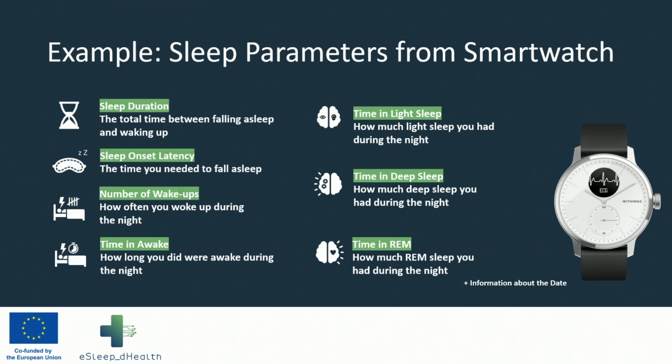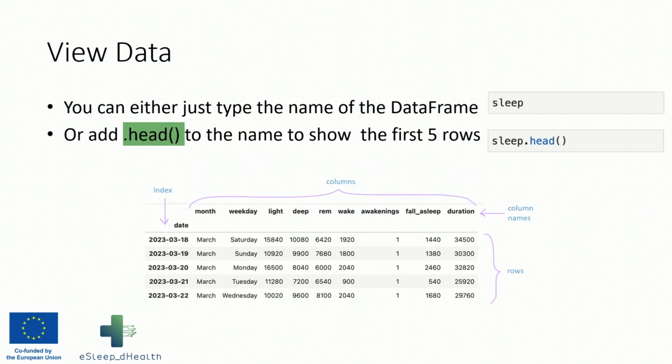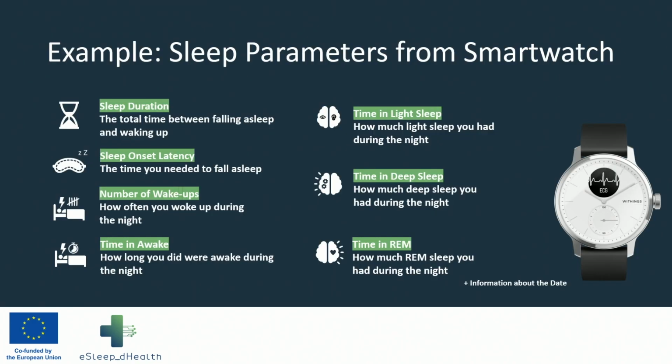There's also a date column that indicates on which day this data was measured. And all of these measurements come from a Withings ScanWatch. And yeah, those are the files from one individual. I will use exactly this data also in the following examples.